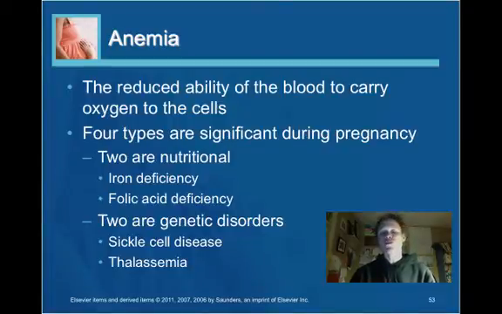There are two genetic disorders in terms of anemias. One is sickle cell disease. And these are not nutritional anemias, rather these are inherited.